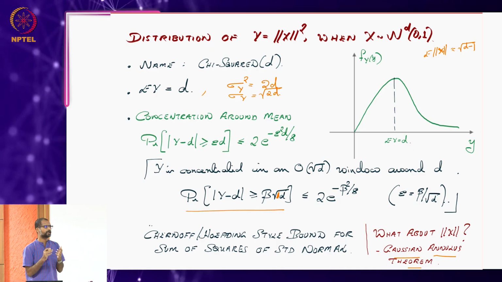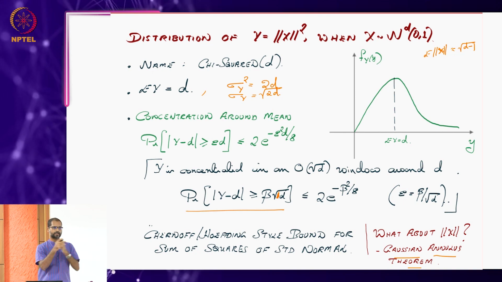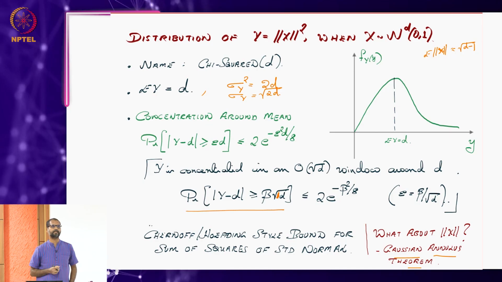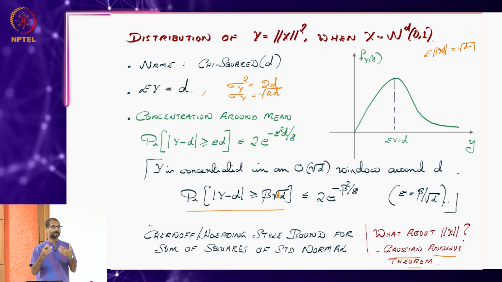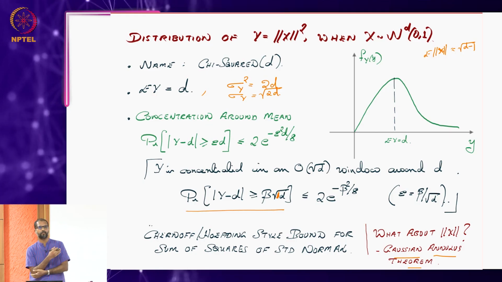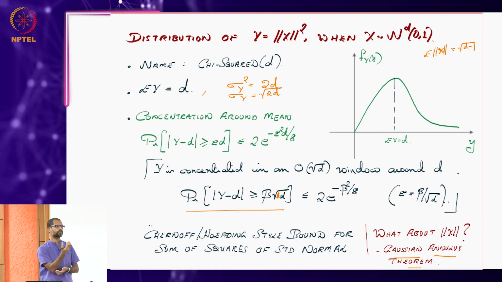Most of the probability of a spherical Gaussian is concentrated on an annulus whose radius from the center is like root of d minus 1, and this is true. d here is the dimension. So, for 2 dimensions it will be root of 2 minus 1, root 1. It will be around the unit circle.